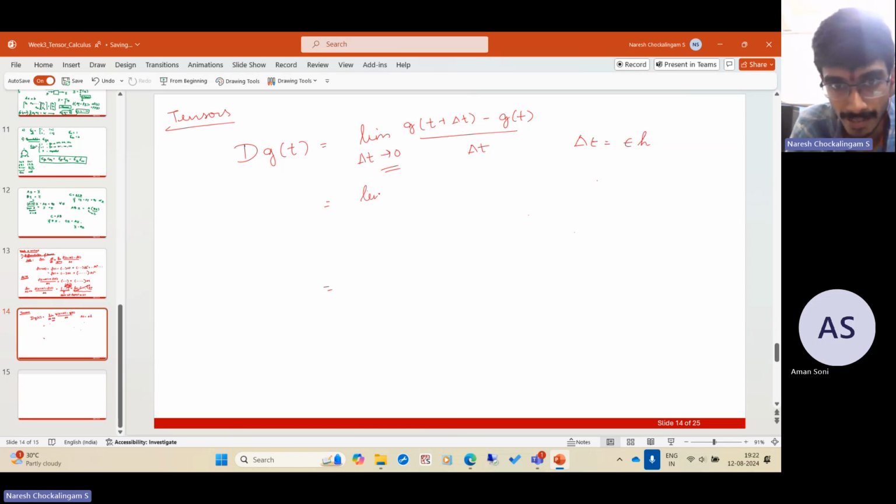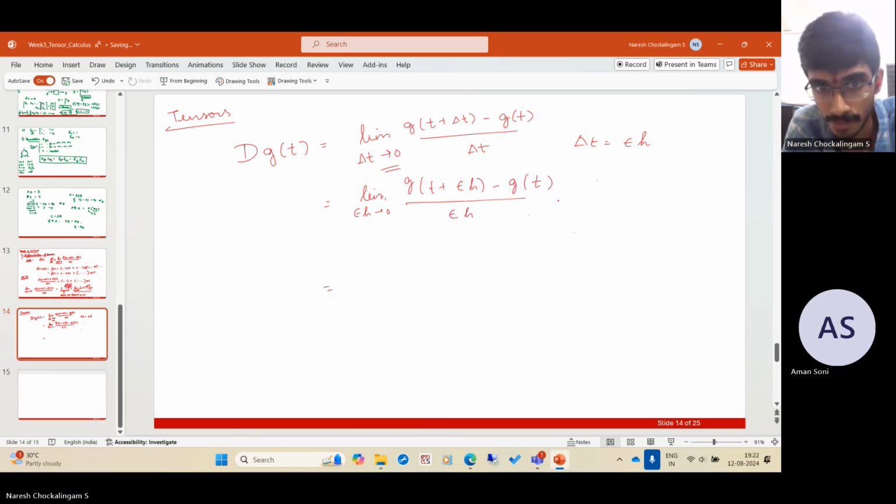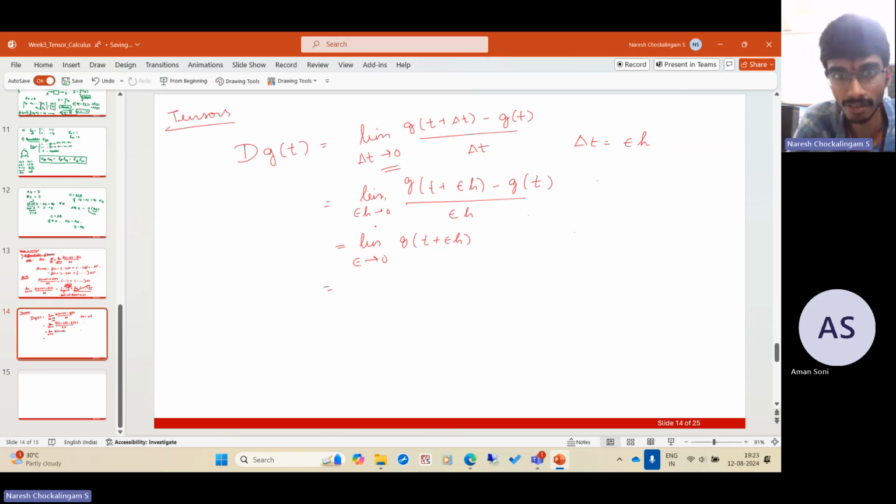So you can write this as the limit epsilon h tending to 0 of g of t plus epsilon h minus g of t divided by epsilon h. But what is this? This is nothing but the limit epsilon tending to 0 of g of t plus epsilon h, so as epsilon tends to 0, epsilon h vanishes, minus g of t plus 0h. So 0h is nothing but 0, divided by epsilon h.